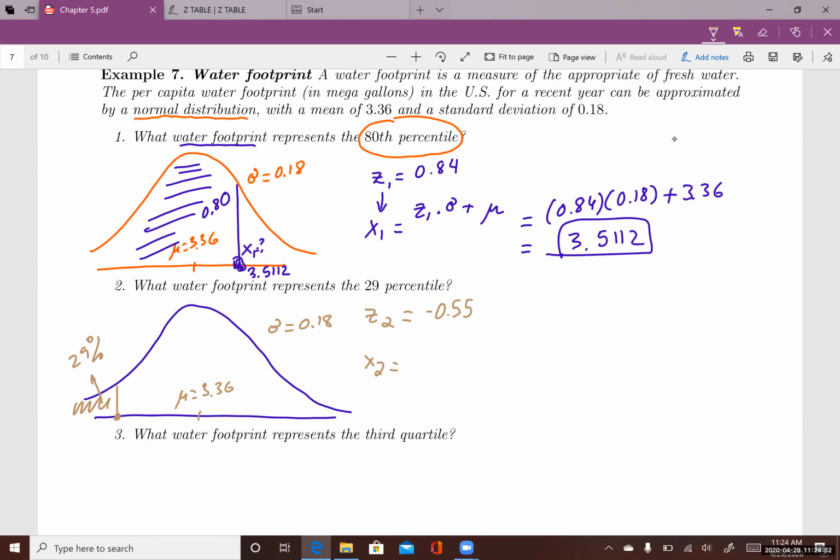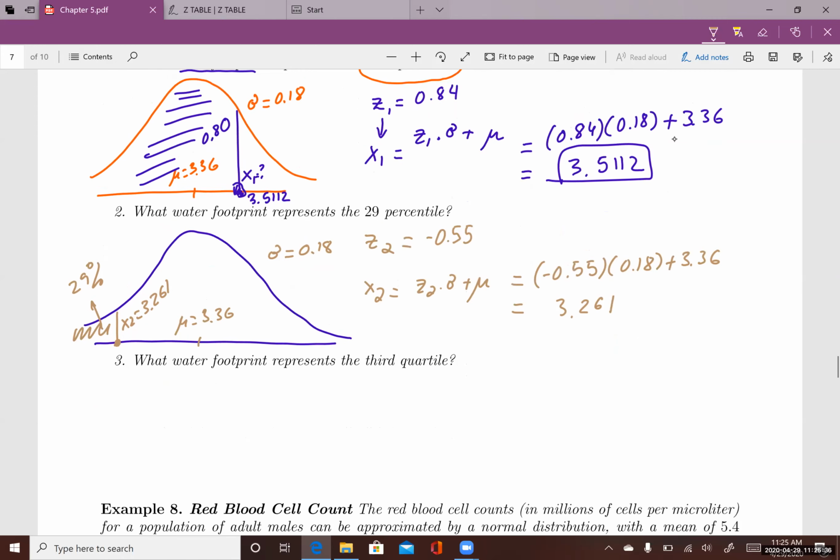Then x2 equals z2 times sigma plus mu, which equals -0.55 times 0.18 plus 3.36, which gives you 3.261. Okay, so the x2 here is 3.261. It's the x value that corresponds to the 29th percentile.